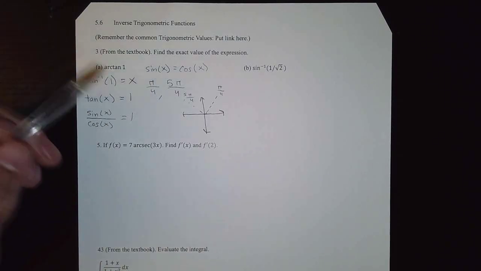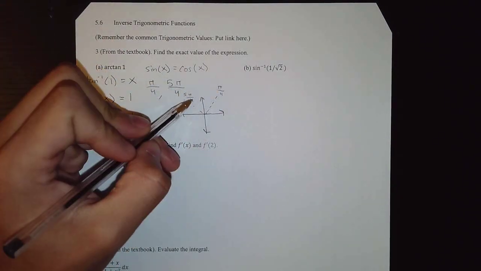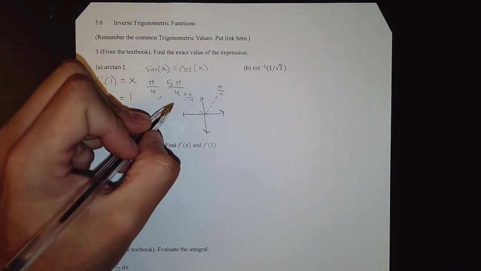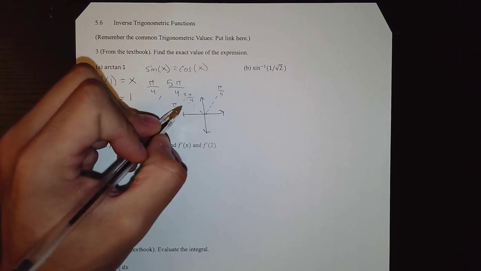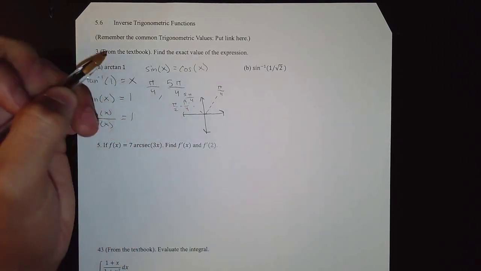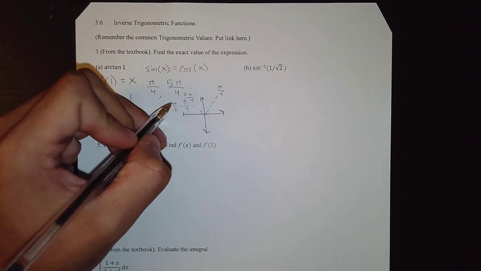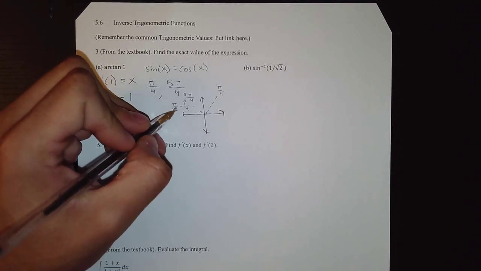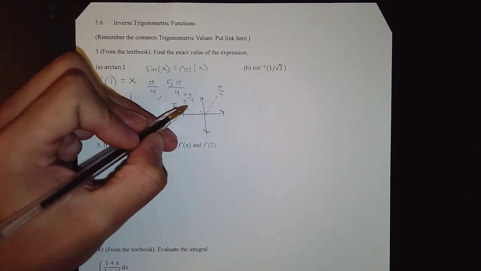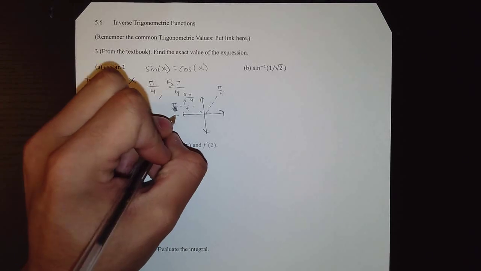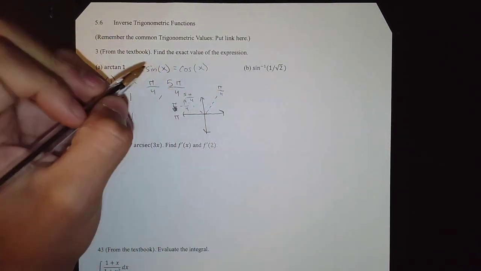Well, apologies. In order to find the second angle, we have to take pi minus pi divided by 4. So this is pi, and this is pi divided by 4.